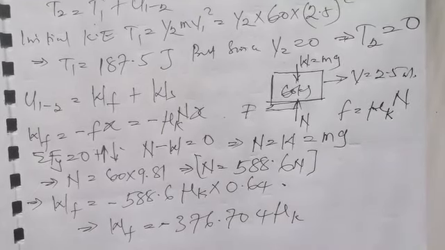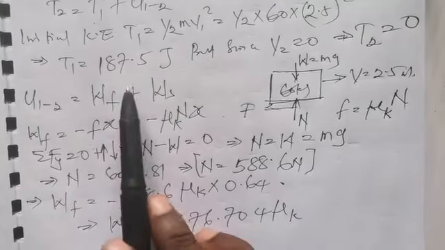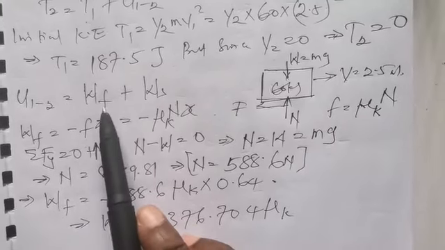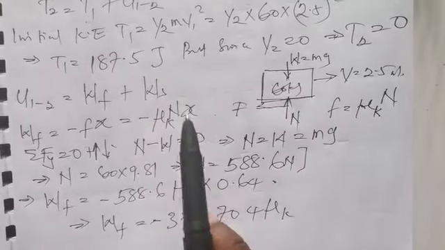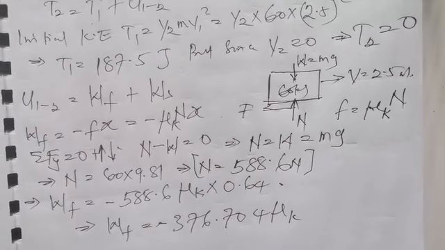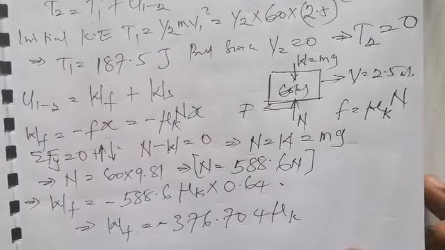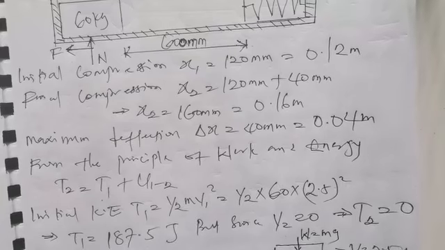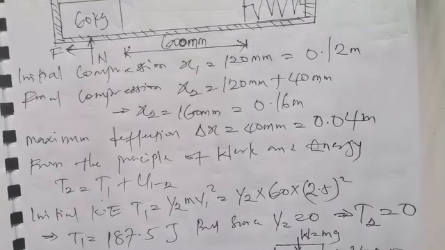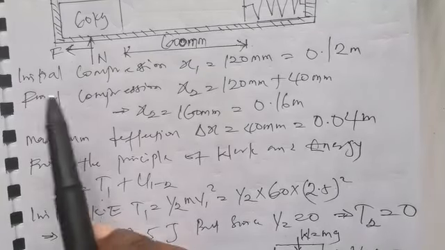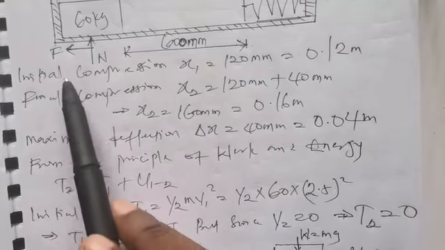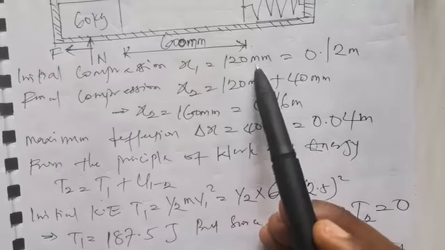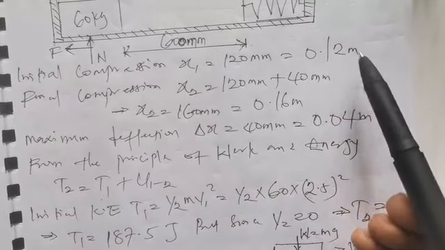Next, we need to find the work done by the spring. So we'll find the work done due to friction. Now let's find the work done by the spring. Not forgetting we were given two compressions for the spring. The first, our initial compression, was given simply as 120 millimeters, which is 0.12 meters.